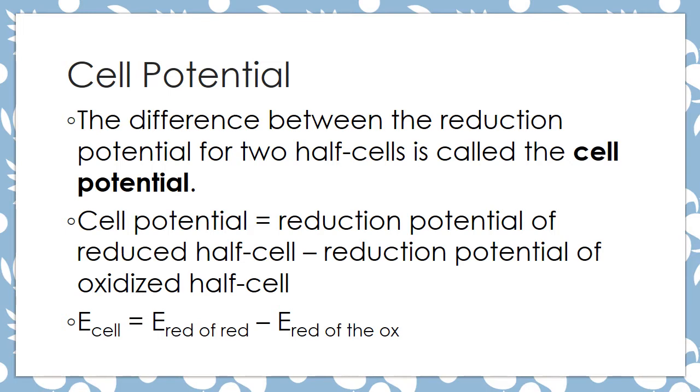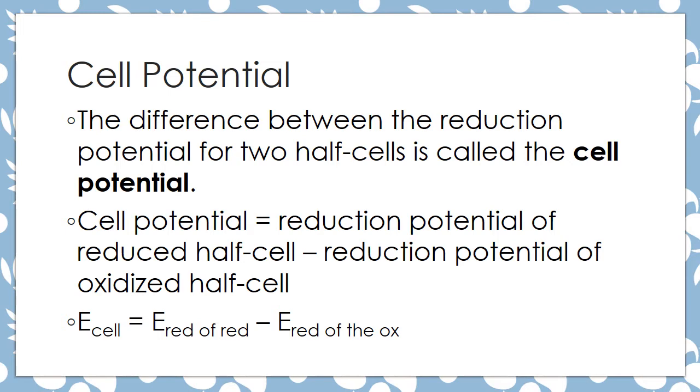And the cell potential is basically the propensity for reducing of the reduced half cell minus the propensity for reducing of the oxidized half cell. Now there is such a thing as oxidation potential, which is the propensity to be oxidized. But here we want to look at the reduction potential of both sides because it is the difference between those reduction potentials that tells us the potential of the cell as a whole.